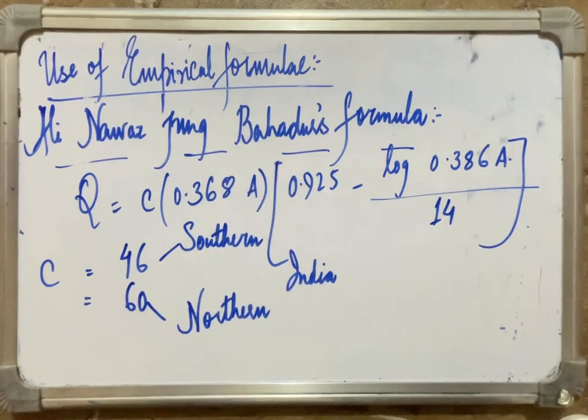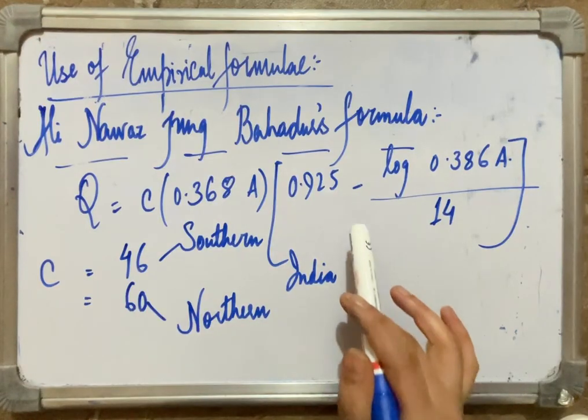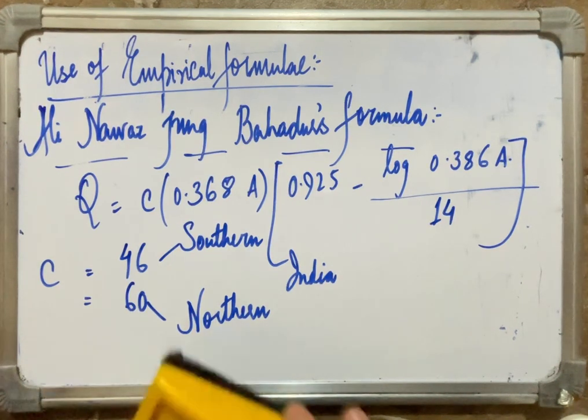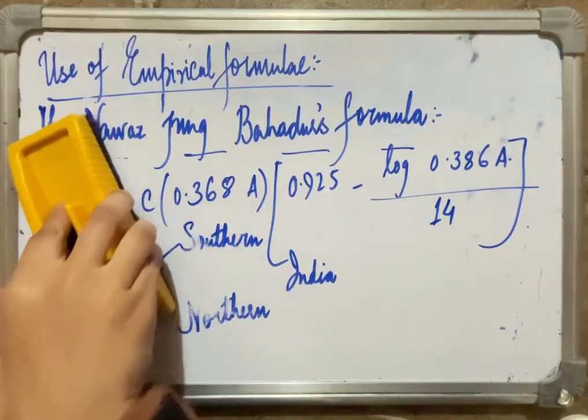Jang Bahadur was of the opinion that the formula to be applied should be simple but rational, without involving much of the judgment on the part of the hydrologist who is selecting the coefficient. He gave us this formula, wherein C is 46 for the regions in southern India and 60 for the regions in northern India. All right, moving on. Next one.